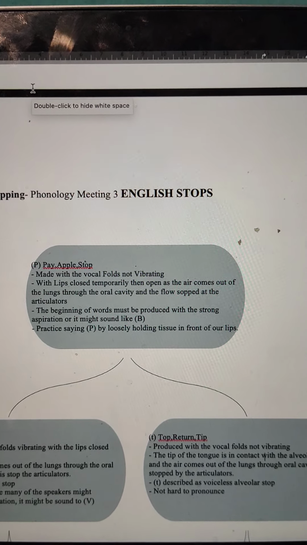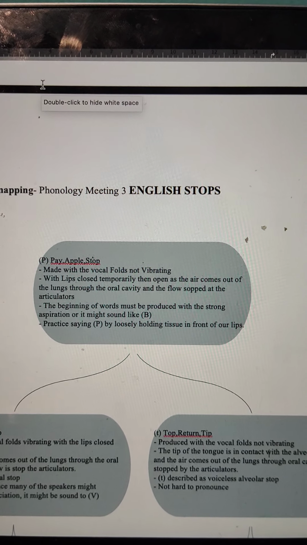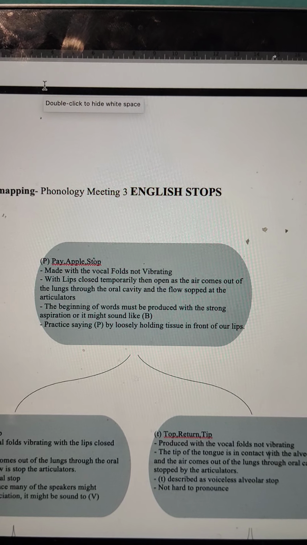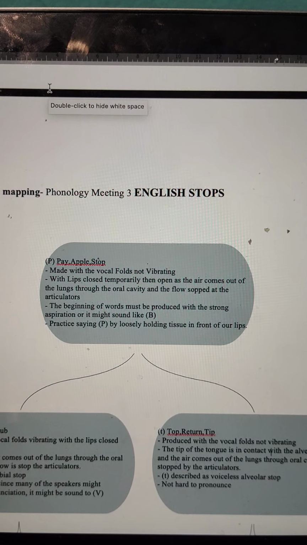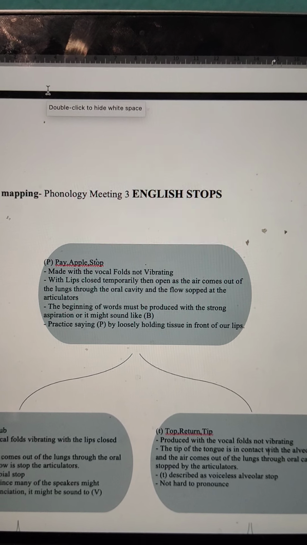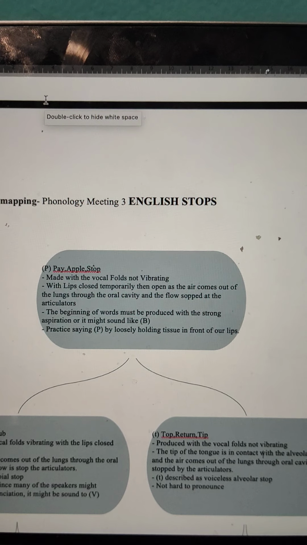Sorry for the typo. At the beginning of words it must be produced with strong aspiration, or it might sound like B. Practice saying P by loosely holding a tissue in front of our lips.